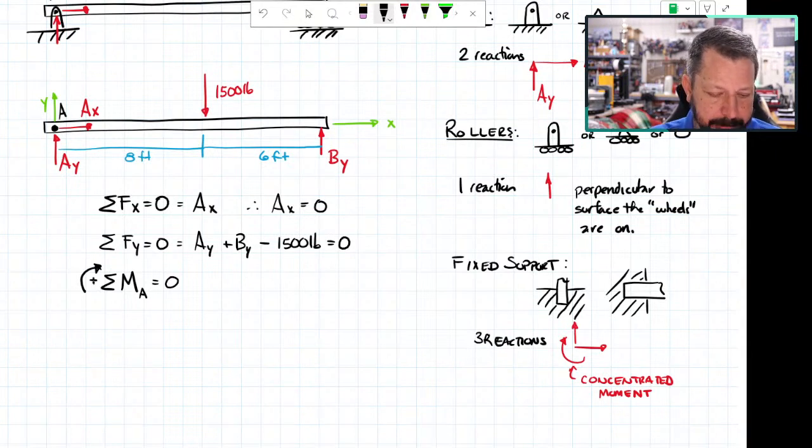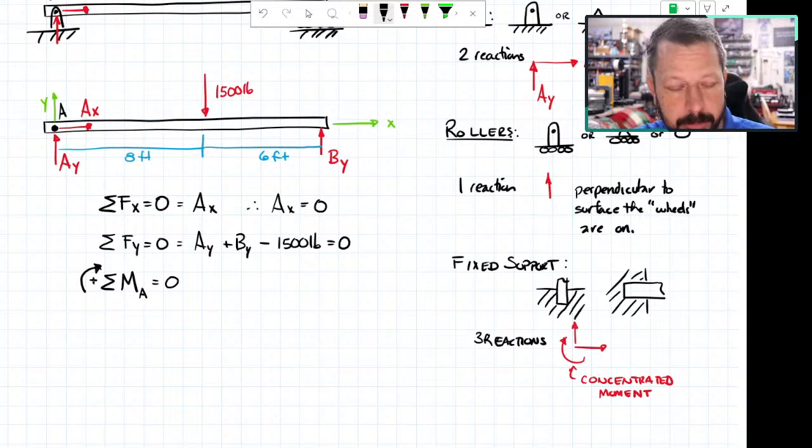And now I have to write this equation. So the equation is take all the forces that create moments about point A, not every force does, but all the ones that do in my free body diagram, calculate that moment and sum all those individual moments. So I have 4 forces that could potentially create moments about A. Those moments all have to add to 0.